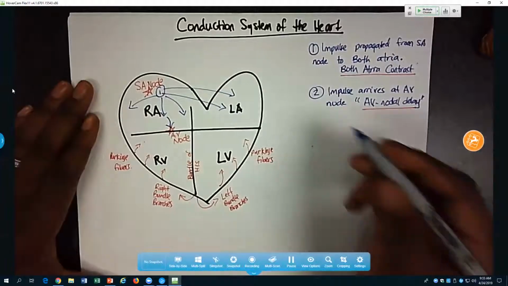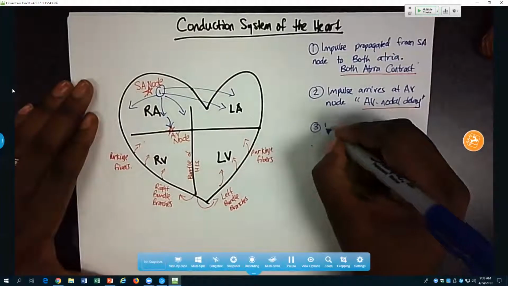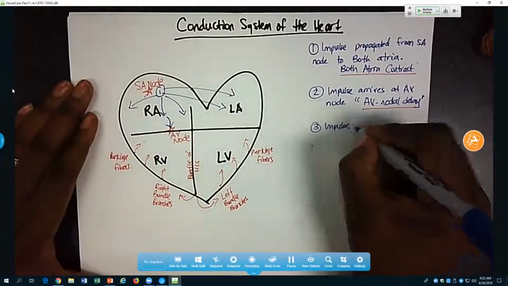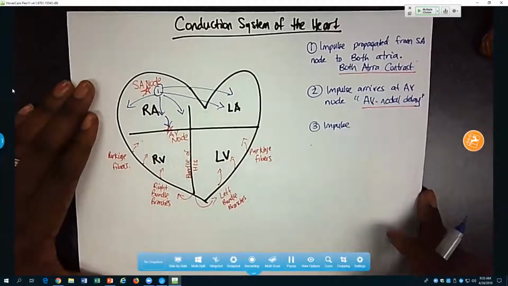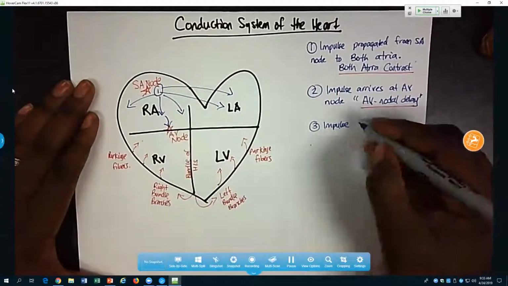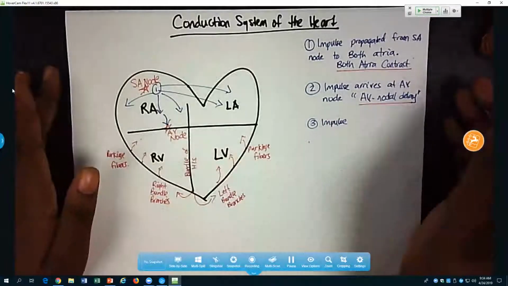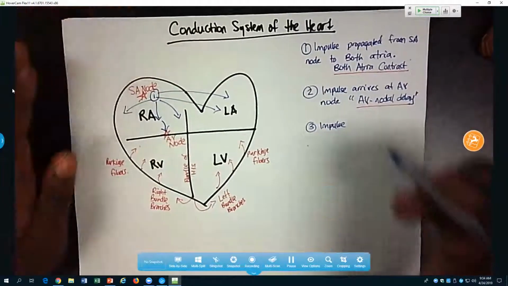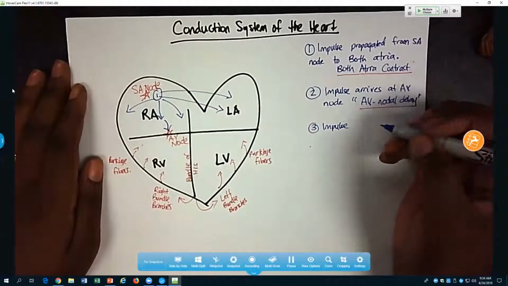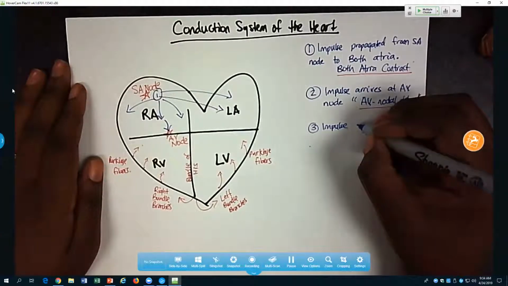Step 3, the impulse or the electrical activity is now going to arrive at the bundle of His, which is in between the ventricles. So at this point, it's not fully conducted to the ventricular cells just yet. It's going to the fibers just in between those ventricles. So the bundle of His, or the AV bundle.